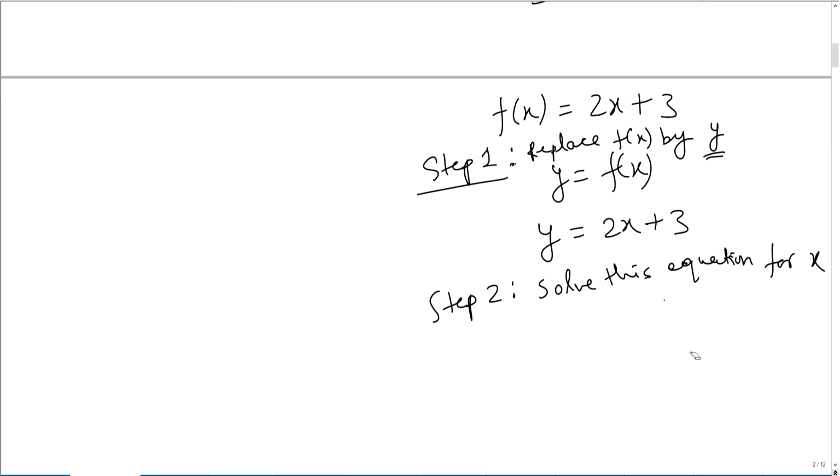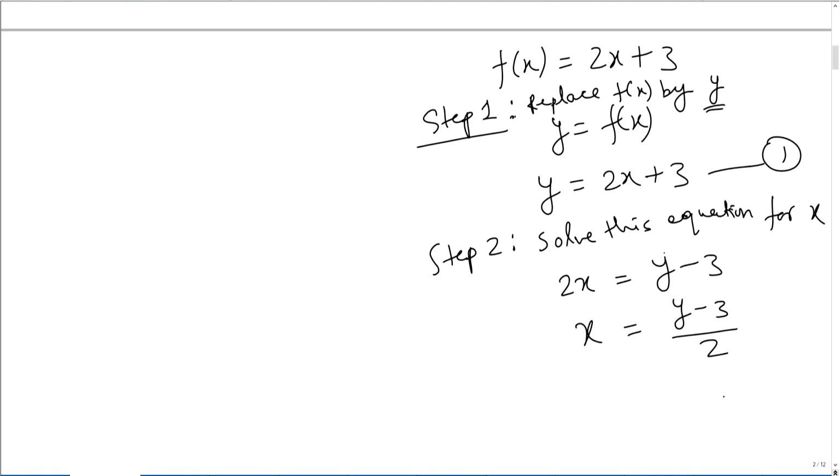So we can do that, right? Given this equation, we can simplify it such that we take x alone on the left hand side. We can write 2x equals y minus 3. We take 3 on this side, so 2x becomes y minus 3, and x becomes (y minus 3) by 2.